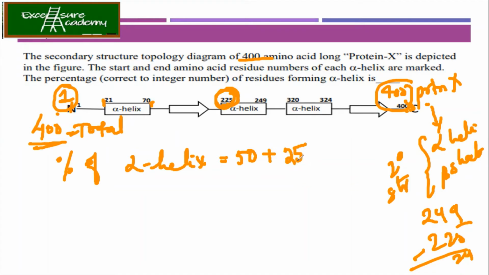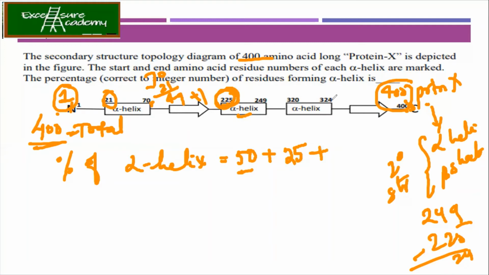Is it clear? Similarly here, 70 minus 21 will give you 49, but you need to consider this number also because that amino acid is also present in the alpha helix. So 49 plus 1 is 50 amino acids, here 25 amino acids. Similarly over here, 323 to 324.